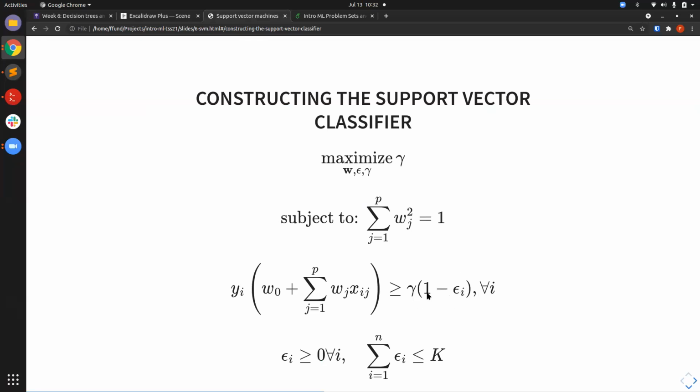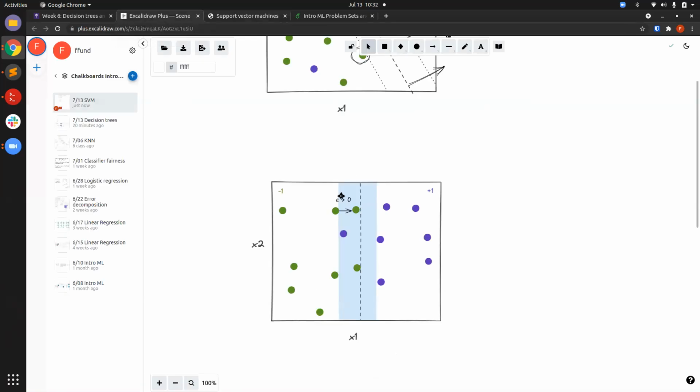So the distance from that point to the hyperplane is gamma times something less than 1, something between 0 and 1. So this defines how far the point is from the hyperplane.